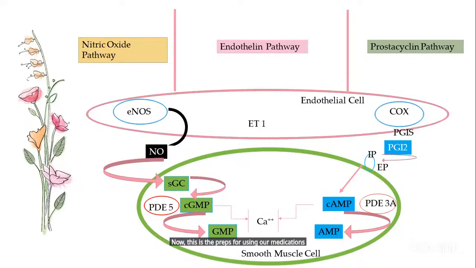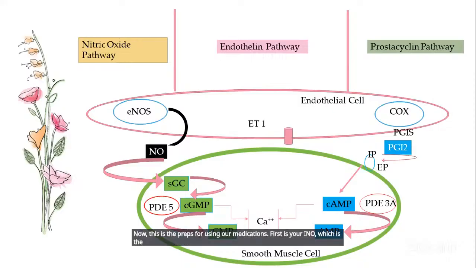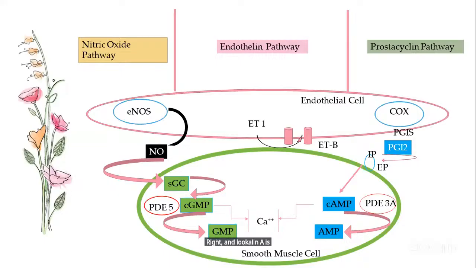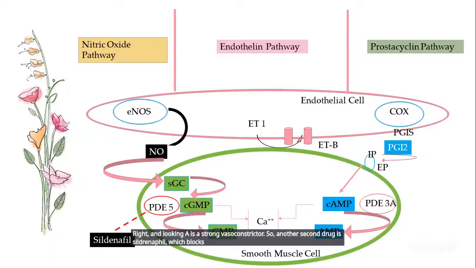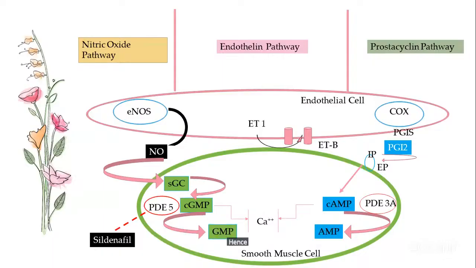First is INO, which is the drug of choice. We also have endothelin receptors. Endothelin A is a strong vasoconstrictor. Another second drug is sildenafil, which blocks phosphodiesterase 5, hence increasing the levels of cyclic GMP, and it acts in synergy with inhaled nitric oxide.